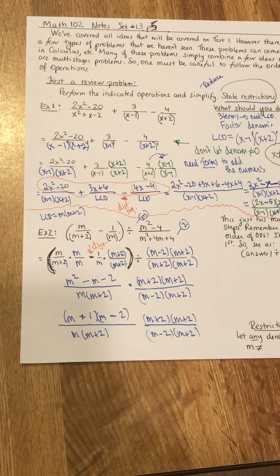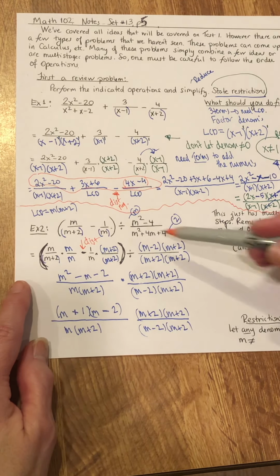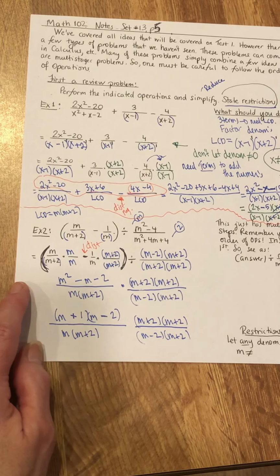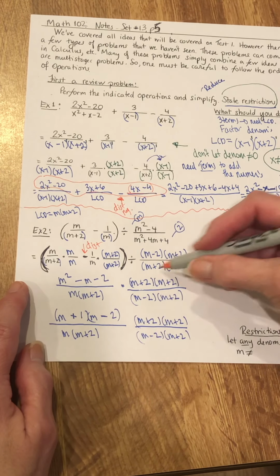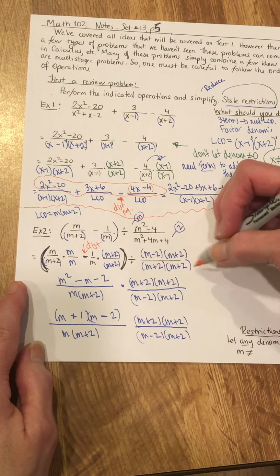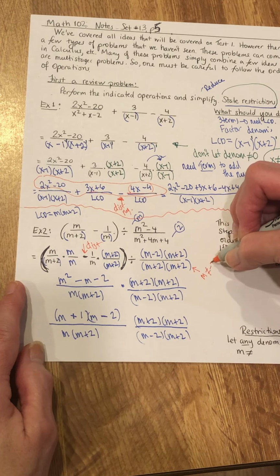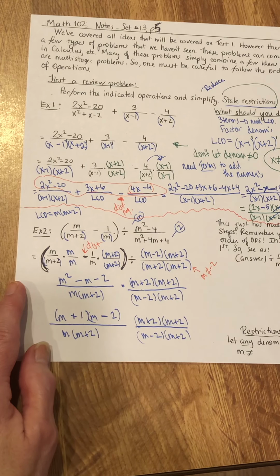Now, before I start canceling, I want to talk about restrictions. When you have a problem where you divided, restrictions are a little tricksy. This denominator is now in the numerator, but because it was in the denominator at some time, you'd have to say, oh, I better not let that denominator be 0, so m can't be negative 2.